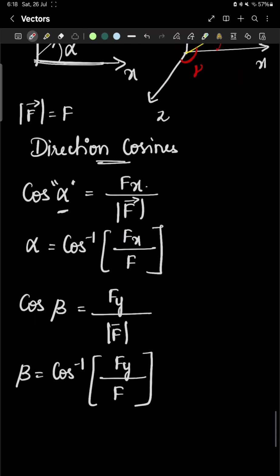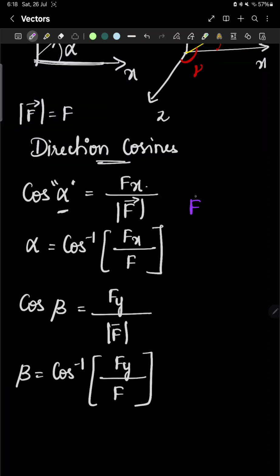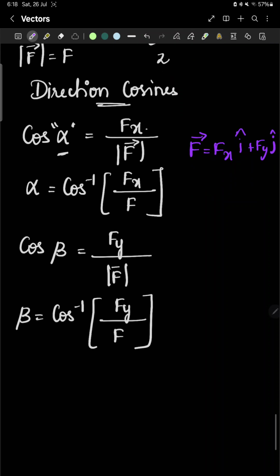But to find one more thing, to find F: the F vector can be represented as Fx i cap plus Fy j cap. So in the case of 2D, I can find the modulus or magnitude of the F vector as root of Fx square plus Fy square.